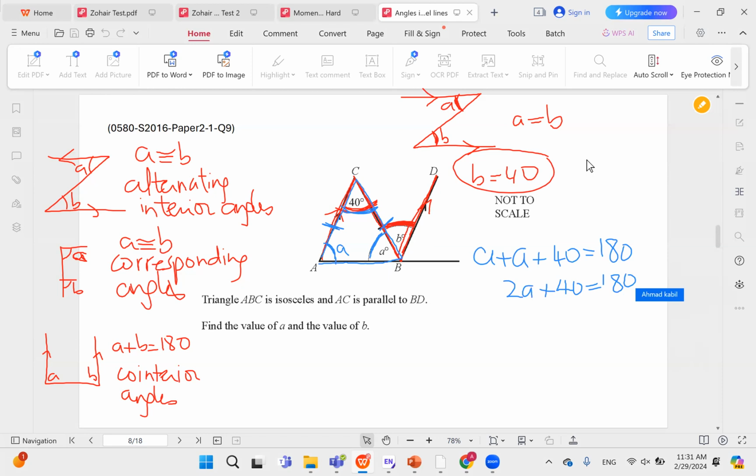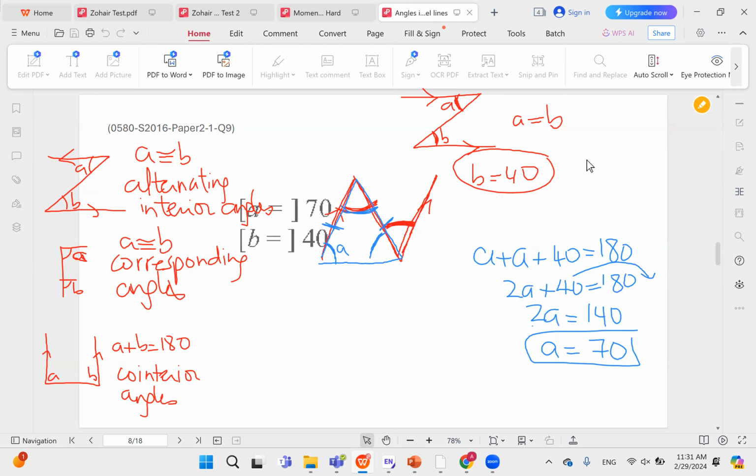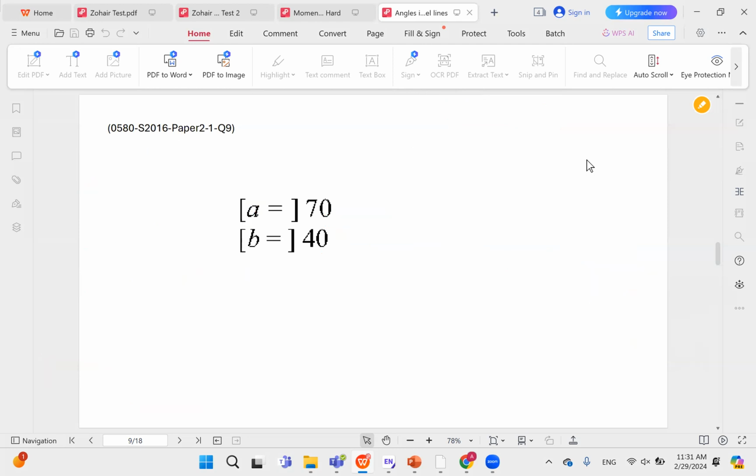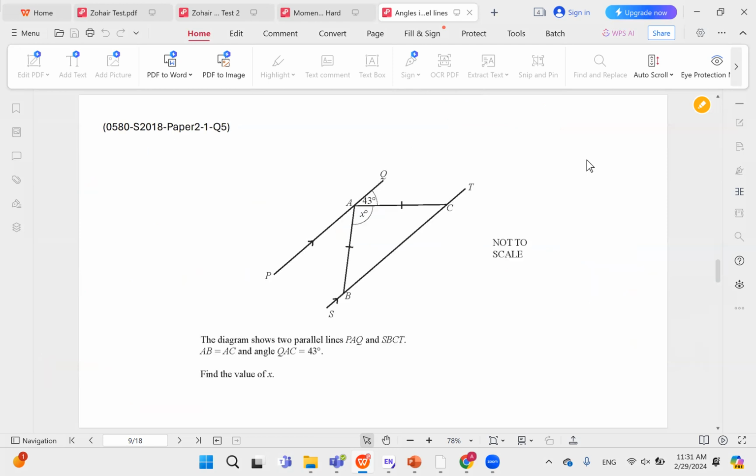And 2A equals 140. We subtract the 40, we take it to the other side. And then we divide by 2, so we get A equals 70. And that's the final answer for A. So therefore, B equals 40 and A equals 70. And we are done with the problem. We got the correct answers here as well.